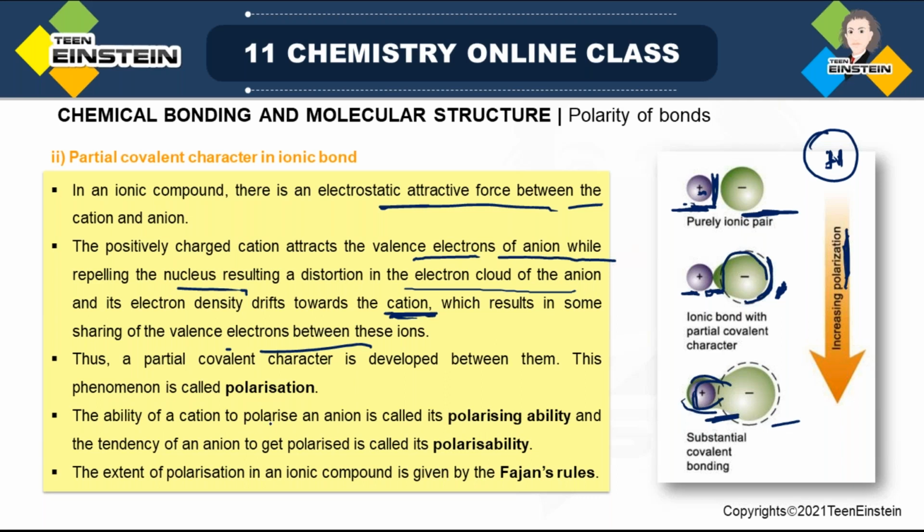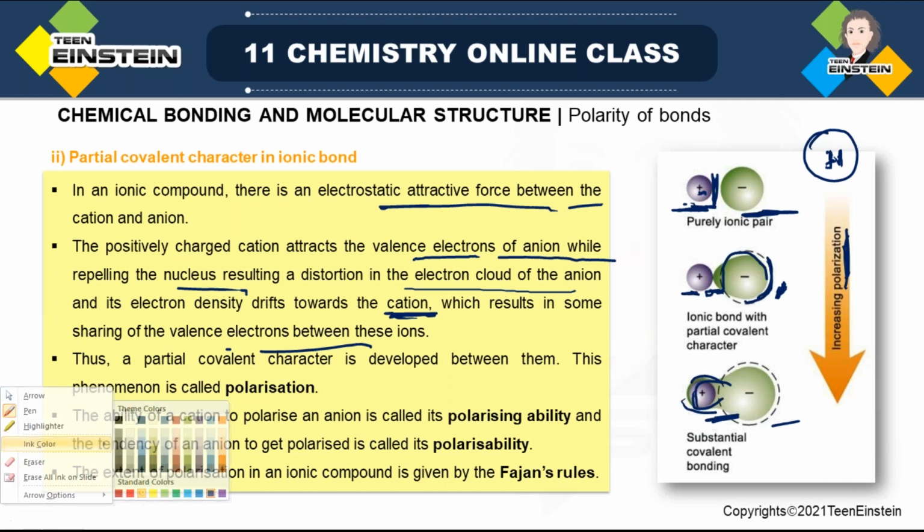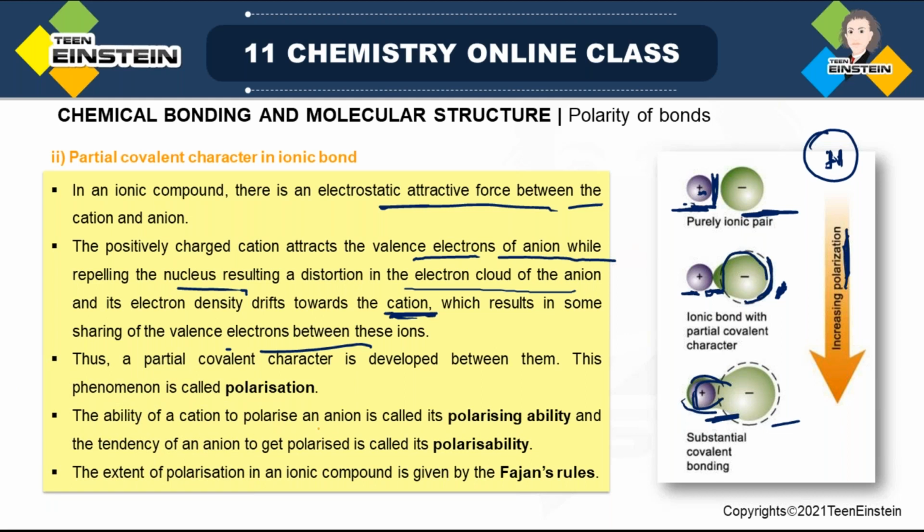Now the ability of the cation, that is how much it can polarize, that is the ability. The ability of the cation to polarize an anion is called the polarizing ability of the cation, and the tendency of an anion to get polarized by the cation is called polarizability. So we have learned three new terms.